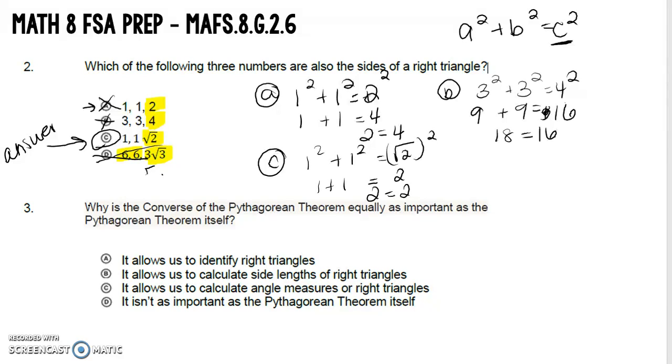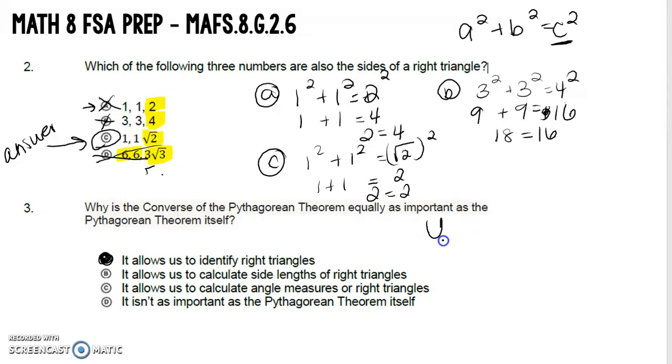Number 3, why is the converse of the Pythagorean theorem equally as important as the Pythagorean theorem itself? So go ahead and take a moment and read through those. The reason it's super important is because it allows us to identify right triangles.